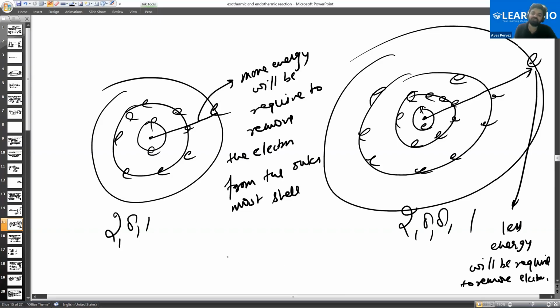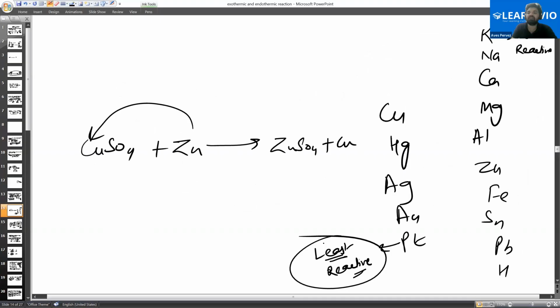So we can say that potassium is more reactive than sodium. This reactivity series that I have written here is based only on which element can easily lose an electron. Potassium will lose its electron with very little energy. After this is sodium, which requires more energy than potassium, but less than all of these.